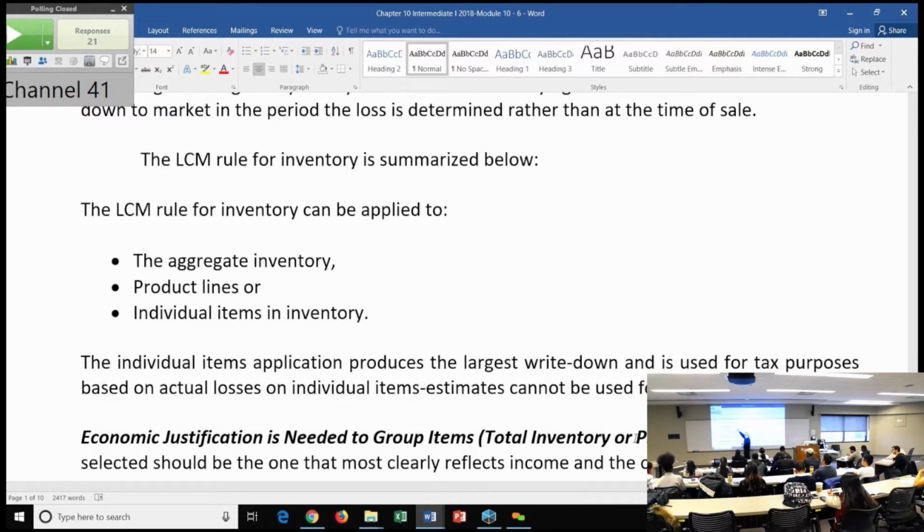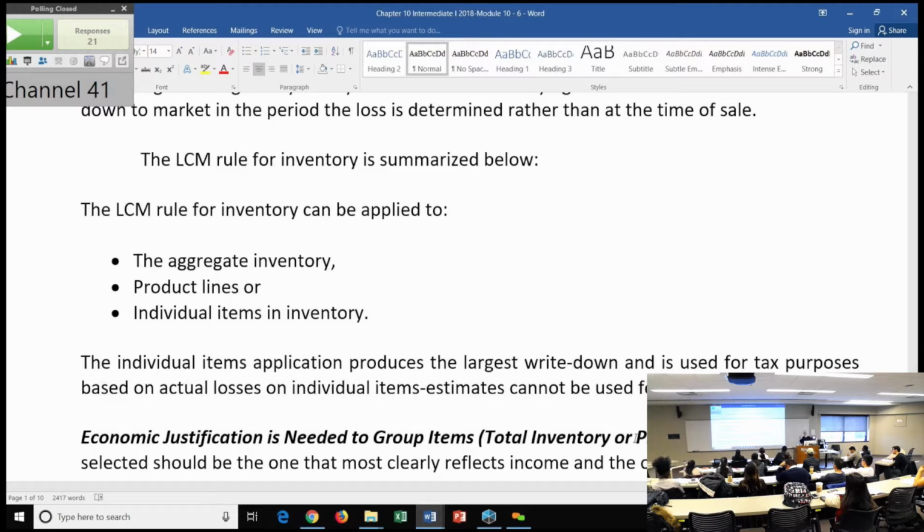As you start moving down the line, the aggregation of inventory lowers the loss, right? Because if you add everything you have, some items will be above cost, some will be below cost, and when you average them out, the loss is less, or the potential lower of cost or market is less. For product lines, the loss is larger, and the largest loss you get is when you have individual items.